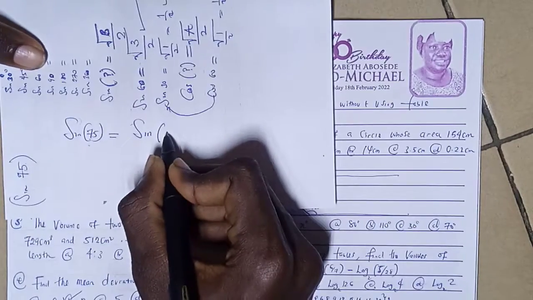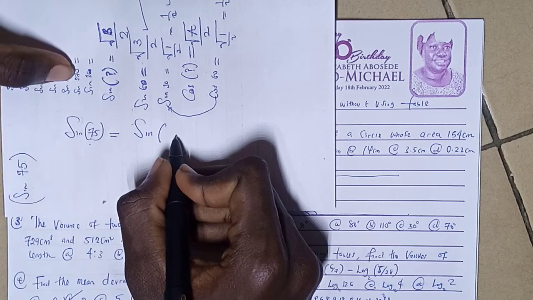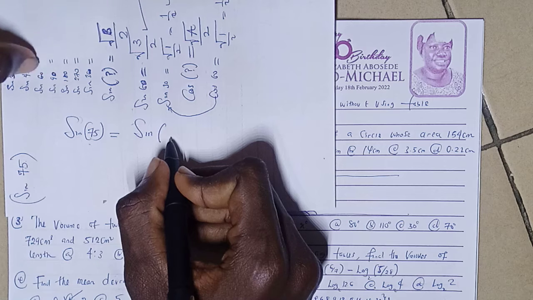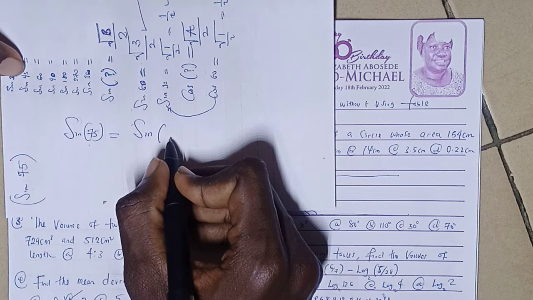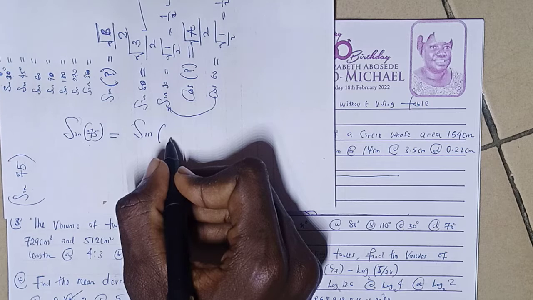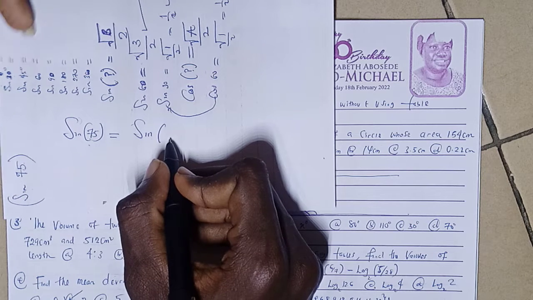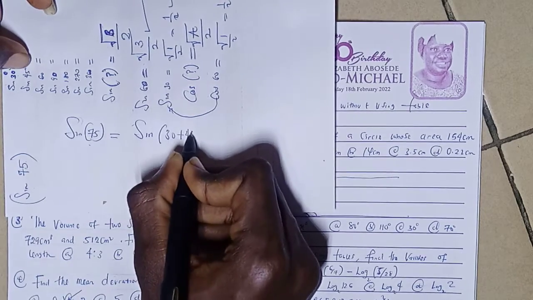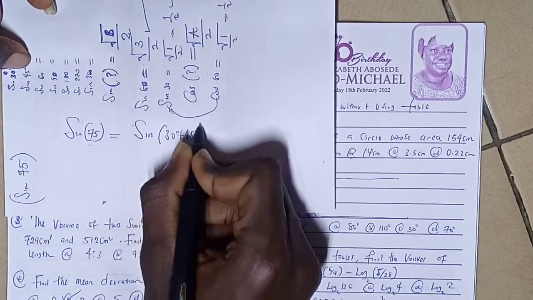I can use 60 and 15, but 15 is not among the special angles. What can I add to get 75? What if I use 30 and 45? The mixture of 30 degrees and 45 degrees will give us 75. Do you agree with that?